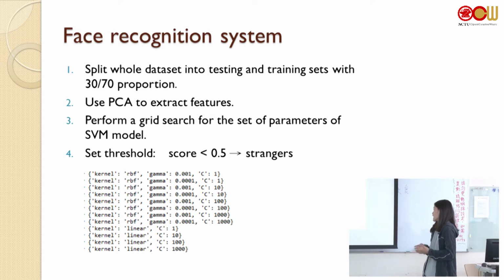If the score is higher than the threshold, it will identify who this person probably is. When I train the SVM model, I use grid search to set the parameters, and the picture shows which parameters I tried.